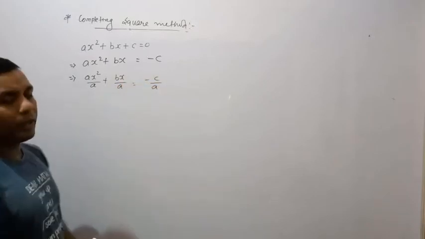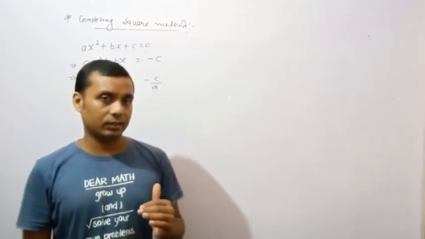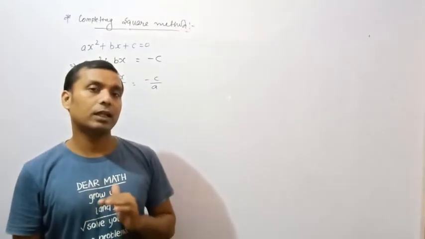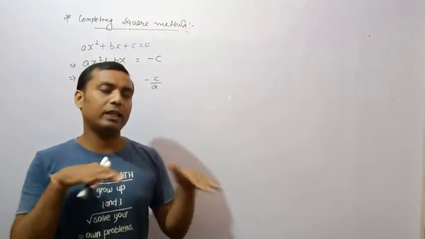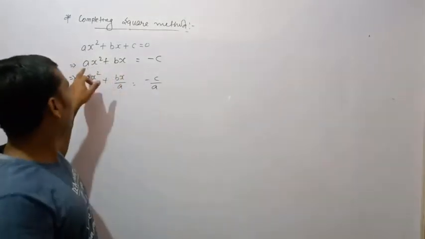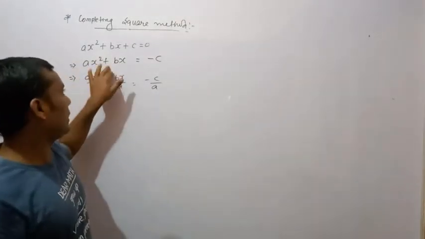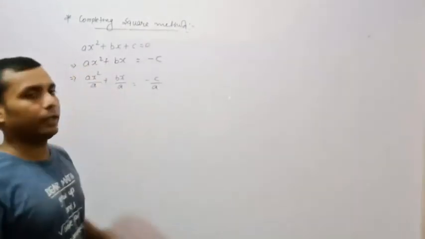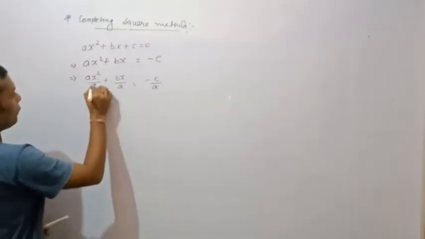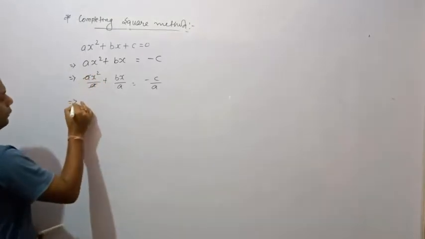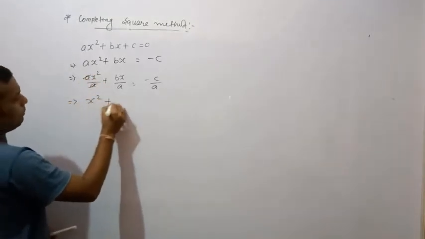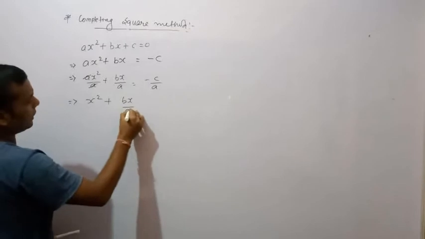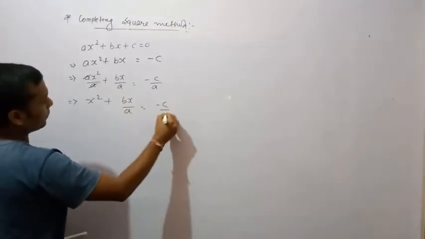We can't make a single change in the equation; we have to keep it balanced. So we divide the LHS as well as the RHS by the coefficient of x square. After dividing, we obtain x square plus bx by a equal to minus c by a.